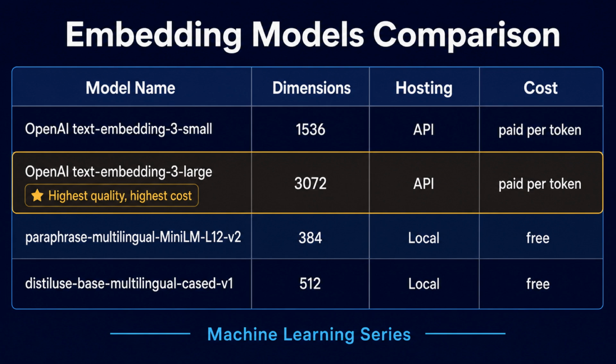The multilingual model works across languages with 384 dimensions, while distiluse-base-multilingual-cased-v1 produces 512-dimensional vectors and is a common choice for Japanese and other non-English text. For production RAG systems, I recommend OpenAI's large model for quality-critical applications and the small model or local alternatives for cost-sensitive deployments.